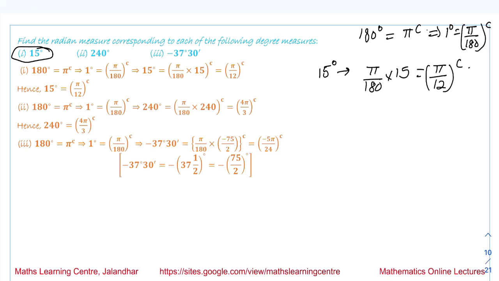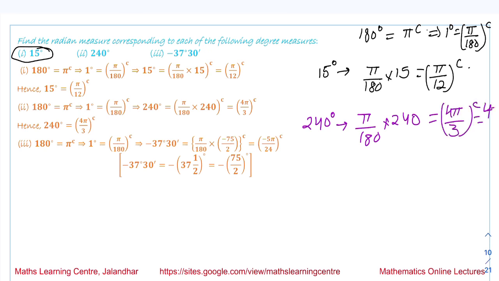Next part we have is 240 degrees. So it is pi by 180 into 240, and the answer comes out to be 4 pi by 3 radians. We need not write radian over here, we can just write 4 pi by 3.